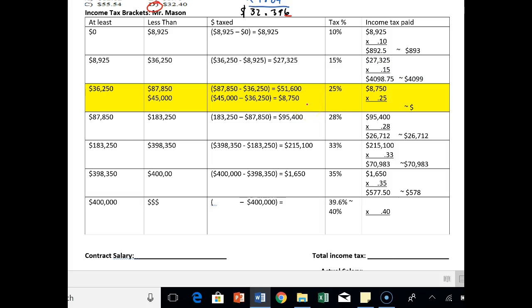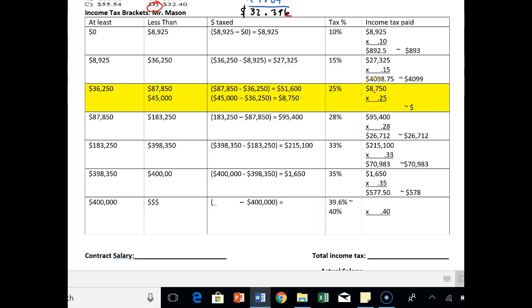So now this is highlighted because Mr. Mason, as you recall, made up to $45,000. So while this tax bracket goes all the way up to $87,850, I'm only going to go up to $45,000 because I don't make any more than that. Normally, if I took the entire chunk, it would be $51,600. But because I only make $45,000, I just subtract $45,000 minus $36,250, and it gives me $8,750.